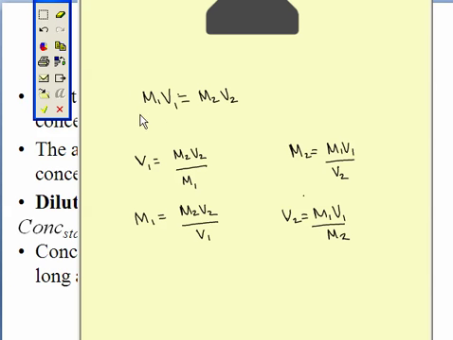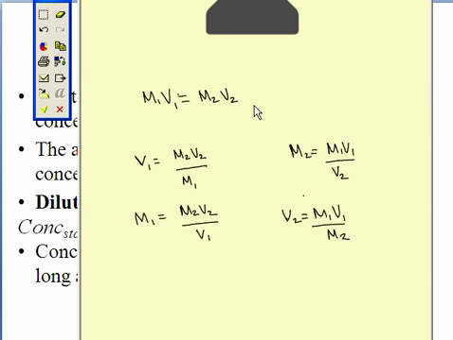So this will be my concentrated side, my high molarity, and a small amount of volume. I'm going to add water to this side to get a new volume, which will be larger than this volume, and my molarity will be smaller because my concentration will go down. So concentrated, dilute, small, large.